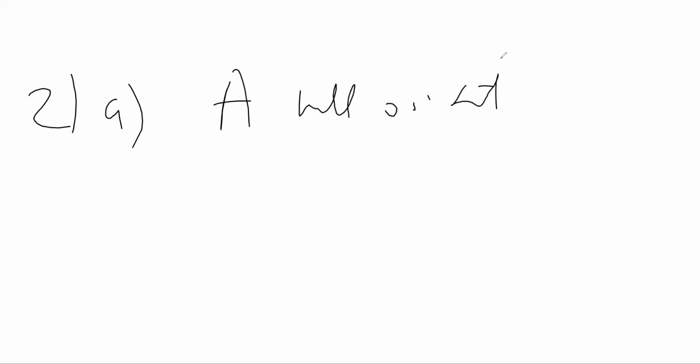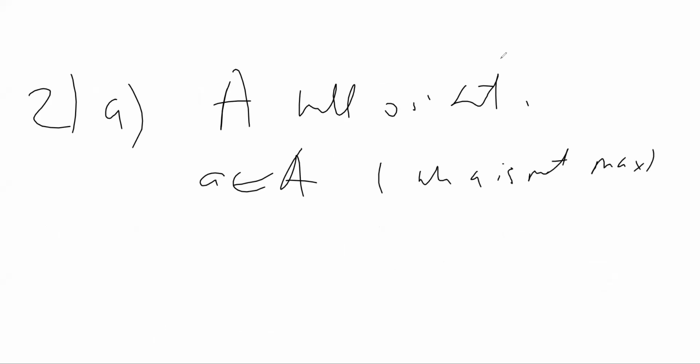And for 2A, we're saying we have A, which is a well-ordered set, and any element of A that is not the largest, not the maximum, always has an immediate successor.